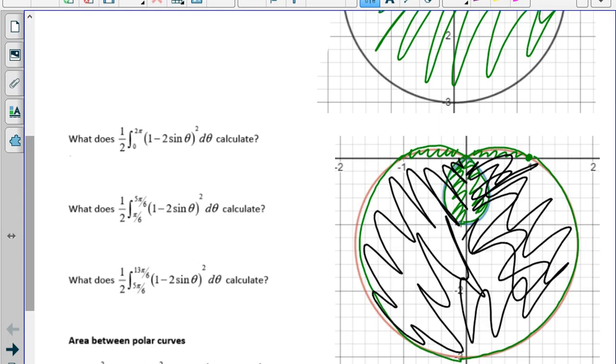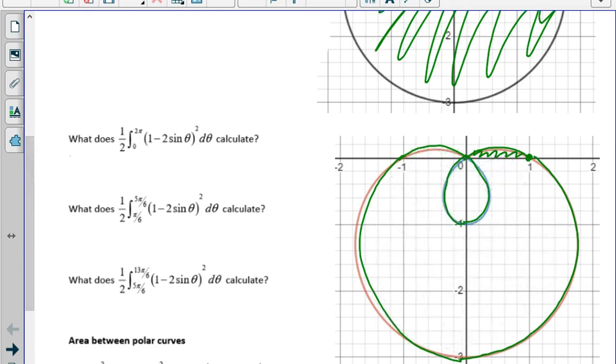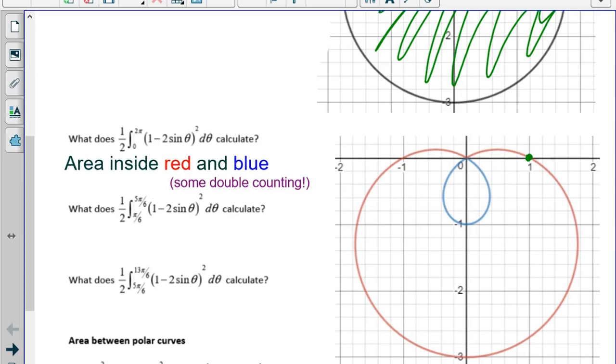It's counted as area that's green and area that's black. So that's bad. We don't really want that. Oh, sorry about that. So that's not too good. We don't want the area inside the red and the blue. There's some double counting.